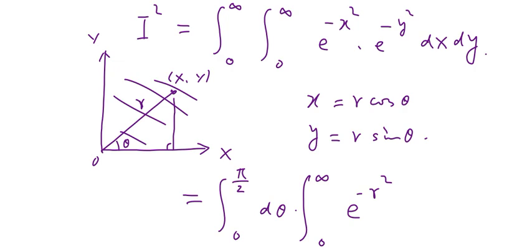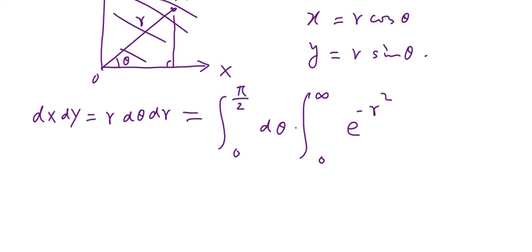And dx dy we change into d theta dr. It's a variable change, and here we need to multiply by the Jacobian. We find this is r.